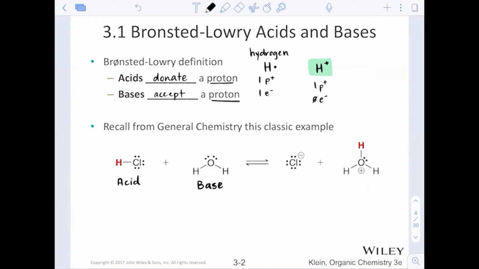Specifically, the highlighted red H there in HCl goes to become H3O plus, which we are going to call the conjugate acid. And Cl minus, what's left over, is our conjugate base. Hopefully we remember this general idea from general chemistry of labeling acid, base, conjugate acid, and conjugate base.